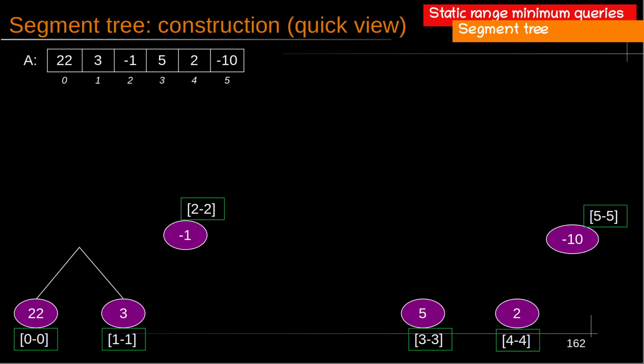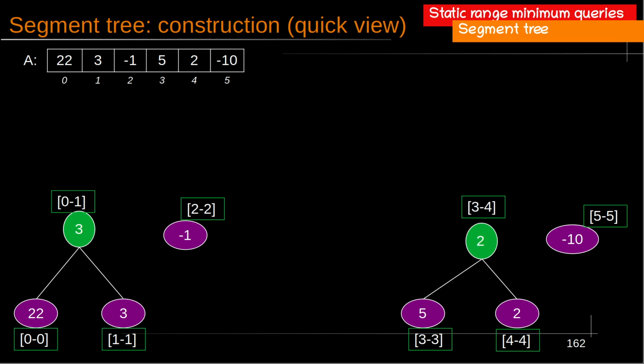Now we can build the intervals or the ranges. From 0 to 1, if I take the minimum here, I will put 3, which means this is the minimum from 0 to 1. Same on the right side, from 3 to 4, which is 2, the minimum from 3 to 4.